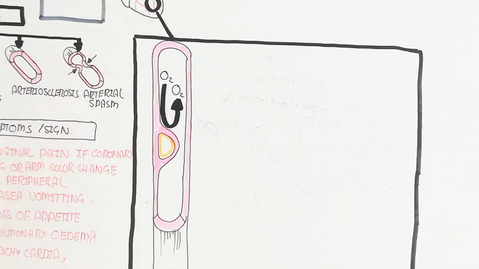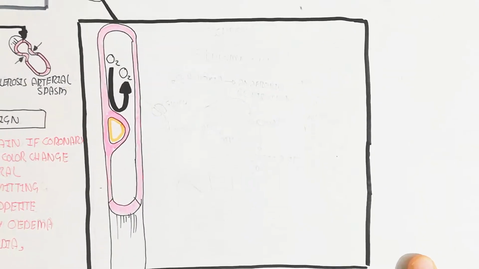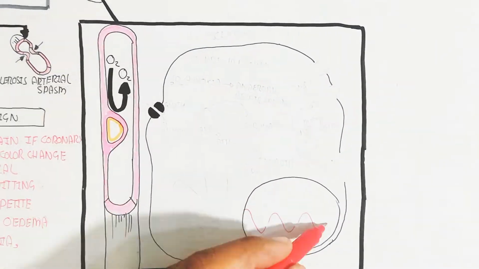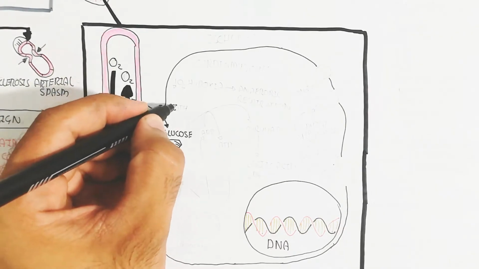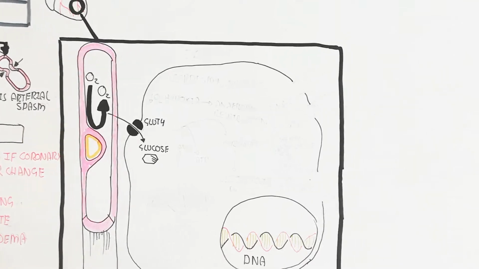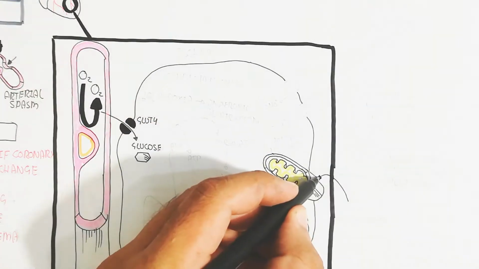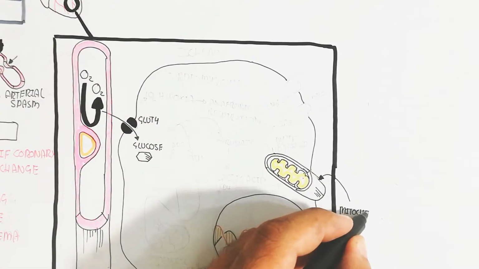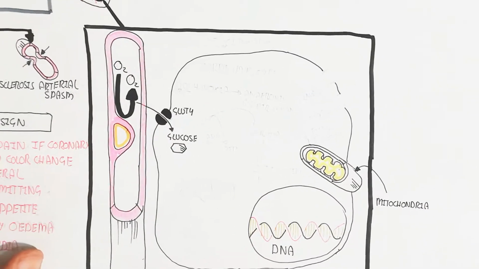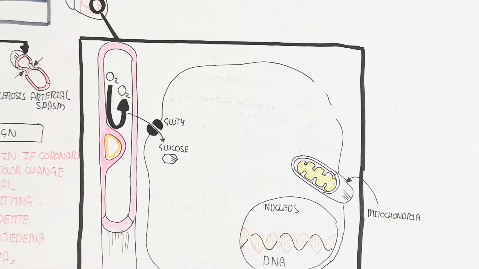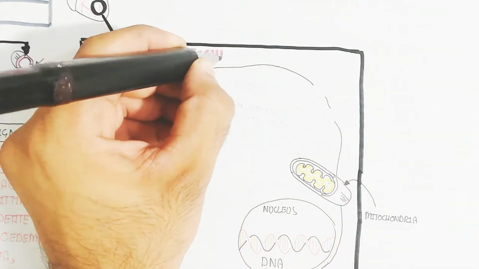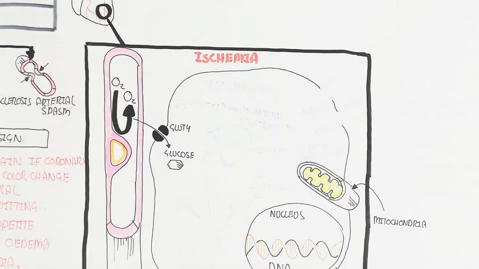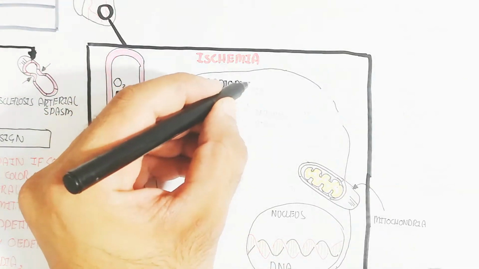Here the oxygen will not be provided, so hypoxia will occur, and this is the cell which contains DNA and the nucleus. Here glucose will move into the cell through the GLUT4 channel. This glucose will convert into pyruvate, and due to hypoxia, anaerobic respiration will increase and it will convert into lactic acid, remember, in the cardiomyocyte.